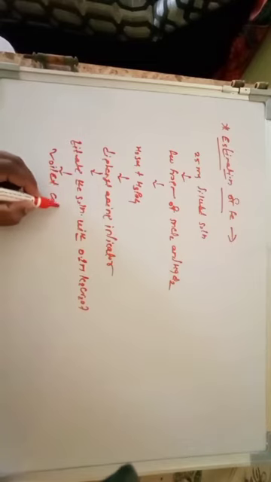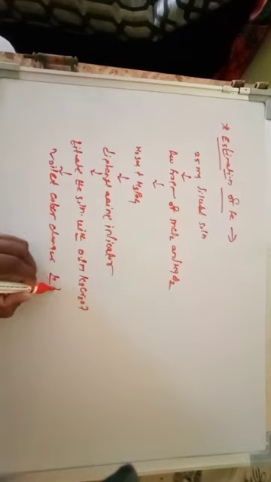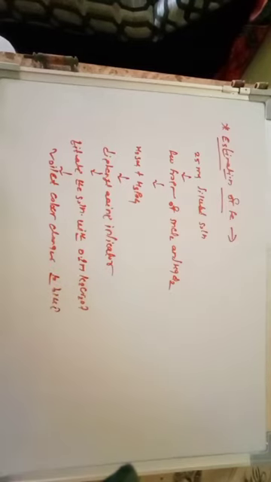Violet color changes to blue. So what is the role of this tin chloride and HgCl2 in this titration? This is the procedure.